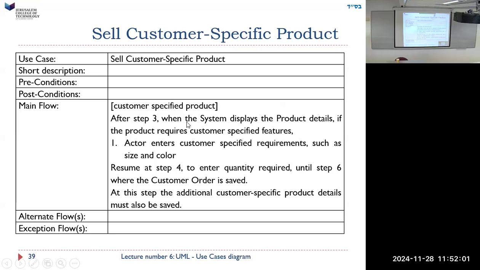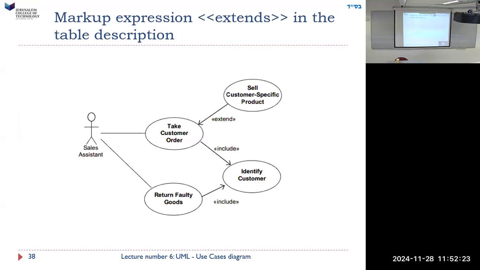After step 3, it should be after step 3 of take customer order, when the system displays the product. You see here we are referring to the main one. It should say after step 3 in take customer order. See, this one doesn't refer to him, but this one does refer to him.